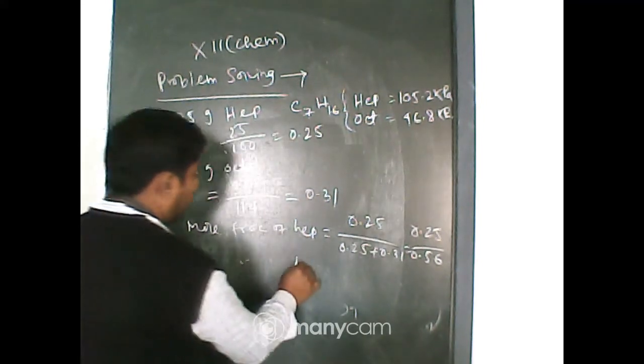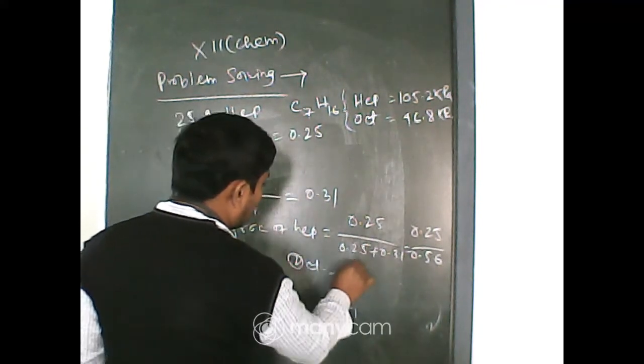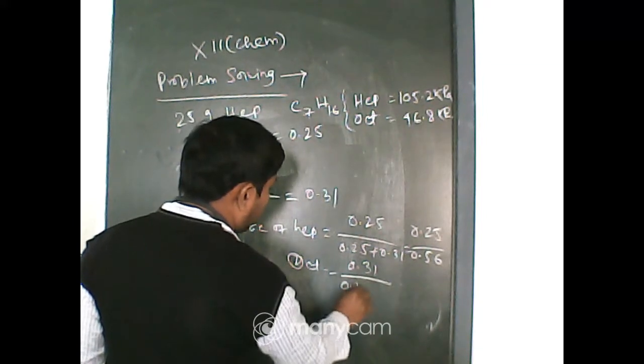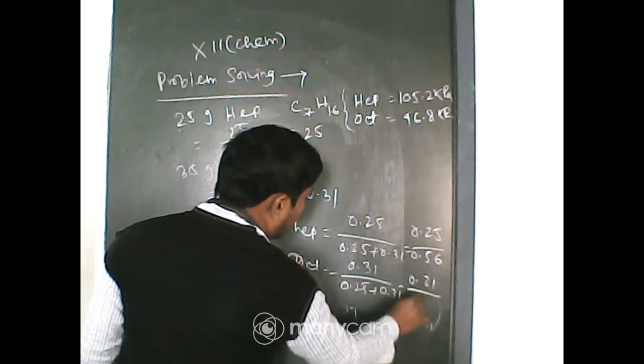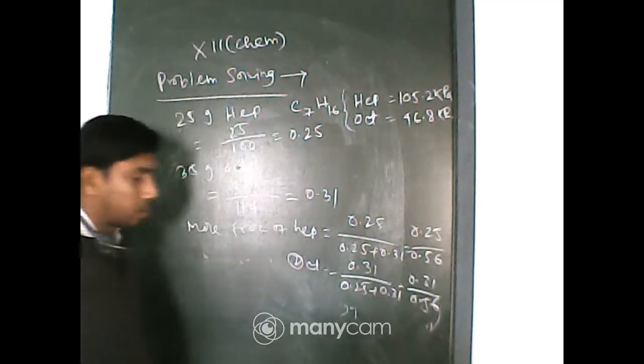And mole fraction of octane is 0.31 by 0.25 plus 0.31, so 0.31 by 0.56.